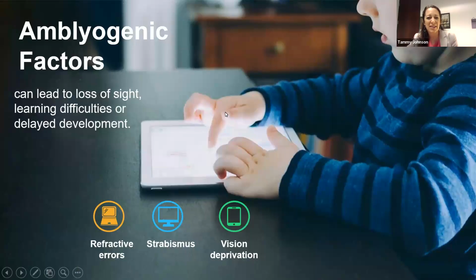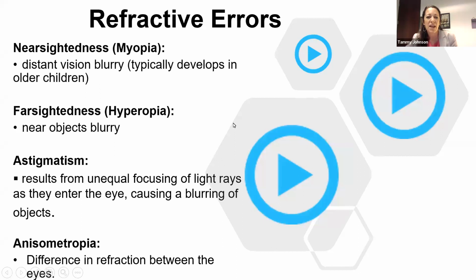So what causes amblyopia? You basically have 3 main issues: refractive errors, strabismus, and deprivation. So here are your refractive errors. Some of these words you've most likely heard if you've had glasses: myopia, difficulty seeing distance. It really isn't that common in little kids.